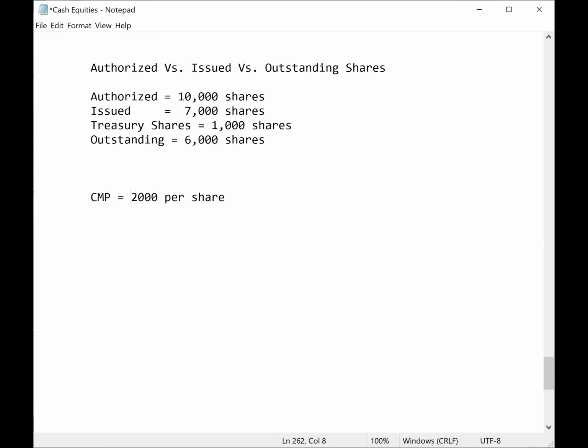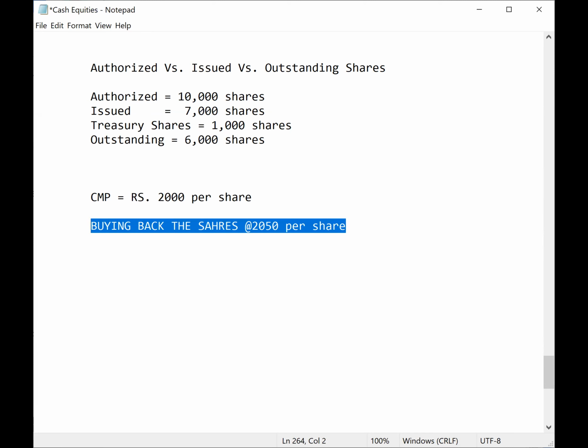Company will say that, okay, we are buying back the shares at 2050 per share. So if anybody gives back the shares, we'll give them 2050 per share.